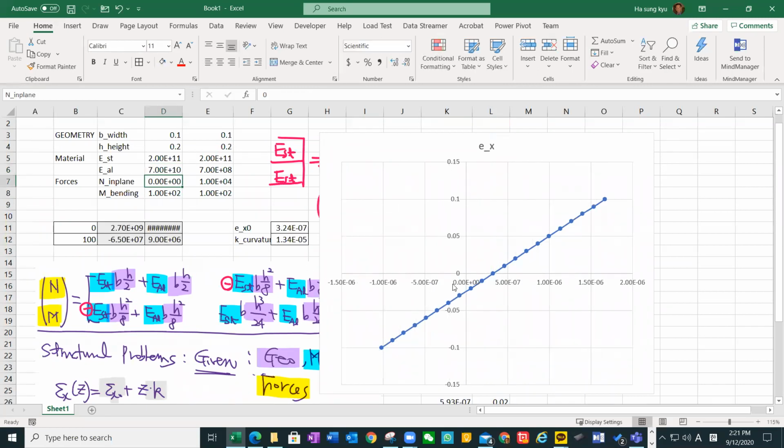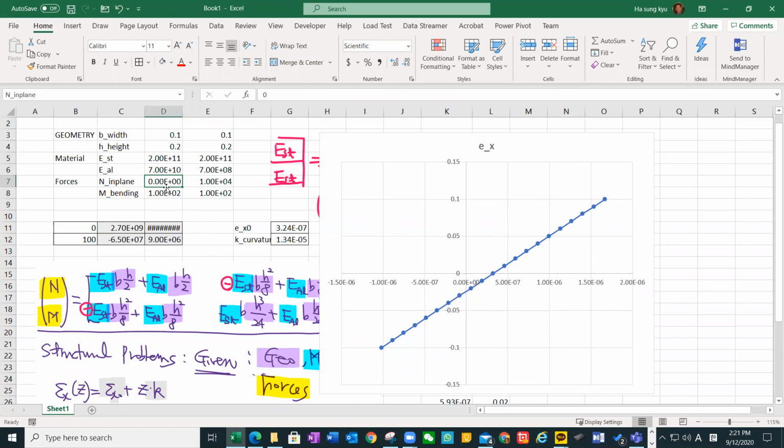At the zero, we have some strain here, and neutral. This is called neutral axis. The neutral axis will move a little bit down, because the bottom is the steel, top is the aluminum, and the steel is a little stiffer than the aluminum. So we can see the neutral axis move a little bit.